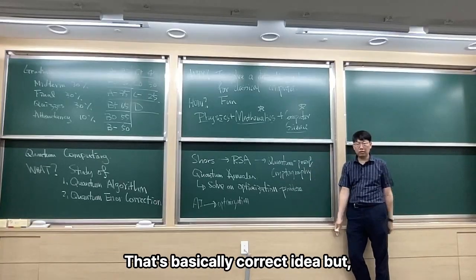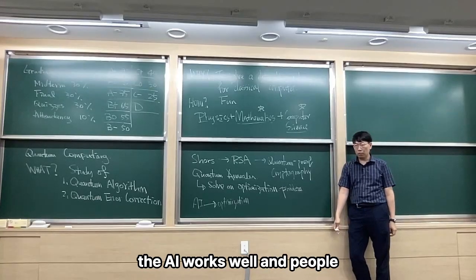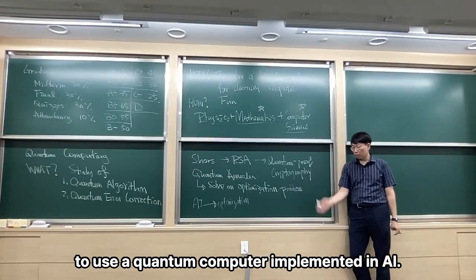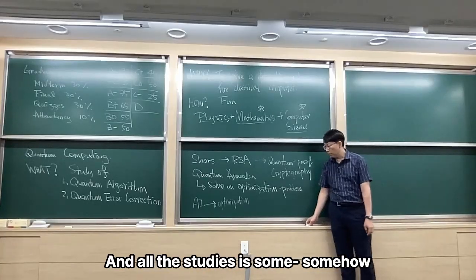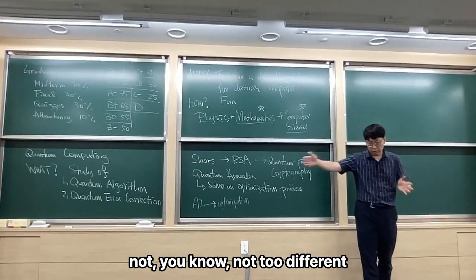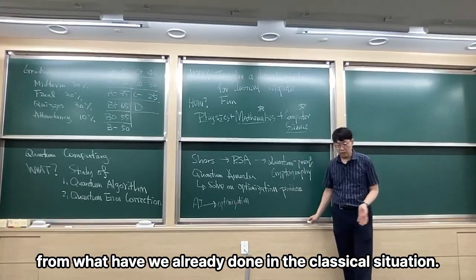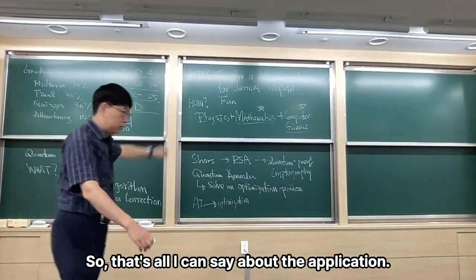That's basically a correct idea, but practically, right now, AI works well, and people don't need a quantum computer implemented in AI instead of a classical computer. And all the studies are not too different from what we have already done in the classical situation. So that's all I can say about the application.